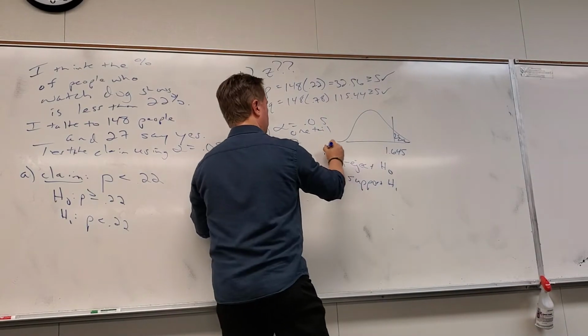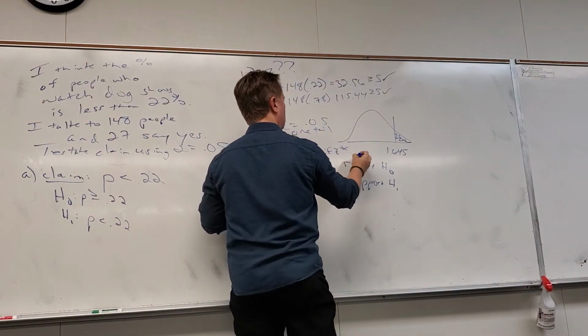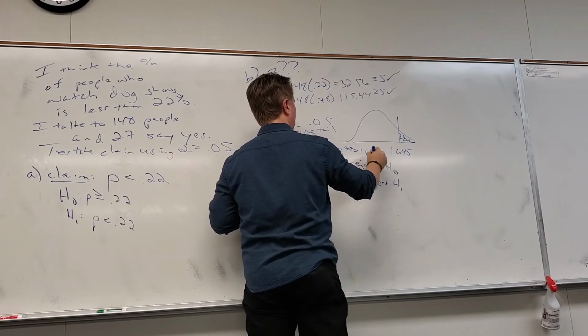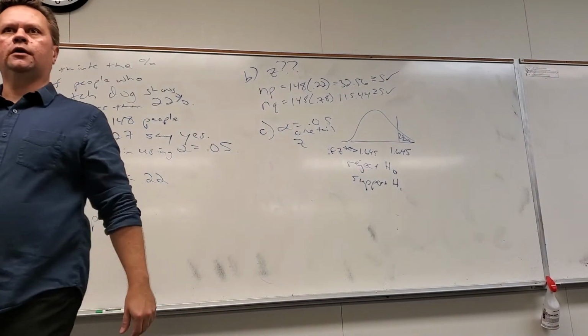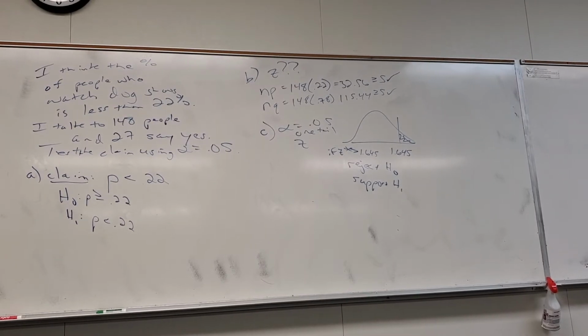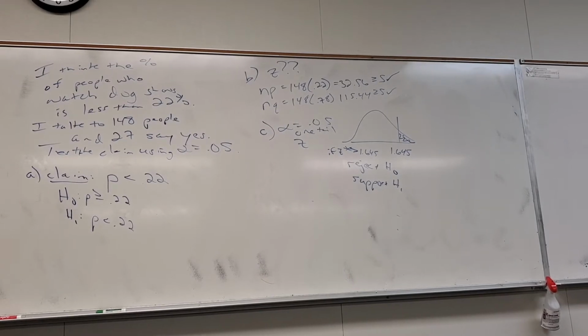If Z star is greater than, then we can do this. So you're just saying in words, how do you get into that rejection region? Well, you got to be beyond 1.645. Then if you get in the rejection region, you can reject. Sometimes we name things correctly in math. Not too often. We don't want to set the bar too high.